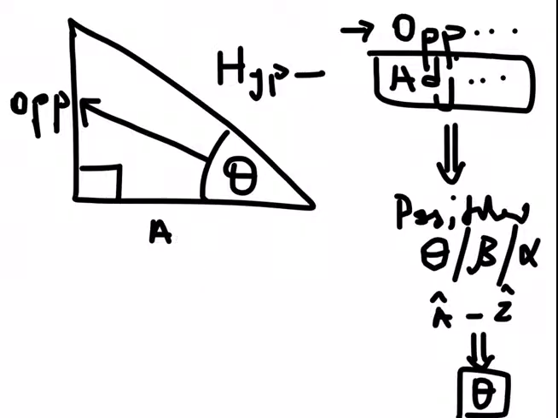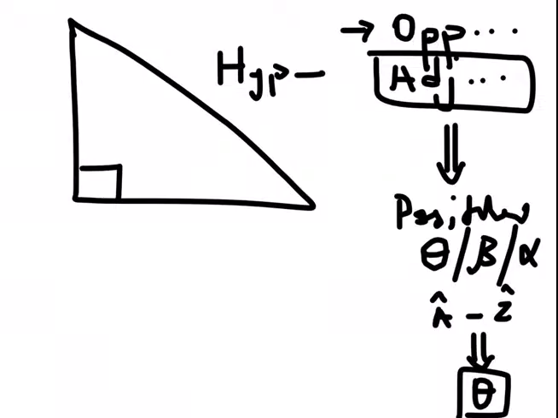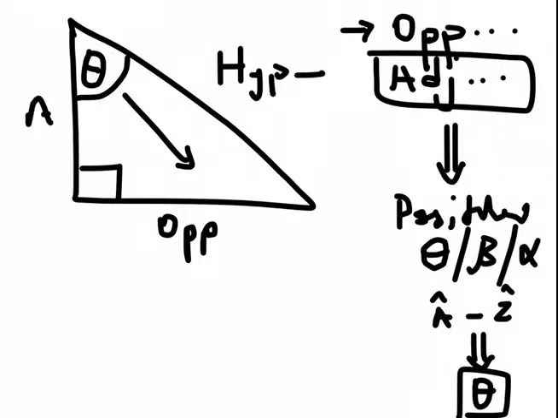It doesn't necessarily mean that the side will always remain as opposite. It will always depend on where the angle is. If the angle is there, then the side opposite that angle is the one which is called opposite. So this is now the opposite, and that becomes the adjacent side. It is as easy as that.